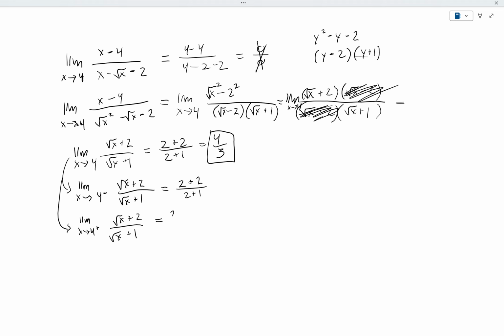And for the other equation, we also get 2 plus 2 over 2 plus 1. And that's the same 4 over 3 that we got whenever we just solved it generally for x approaches 4. So as you can see, whether you're approaching from the left side or the right side, you still approach the same value. So this limit exists.